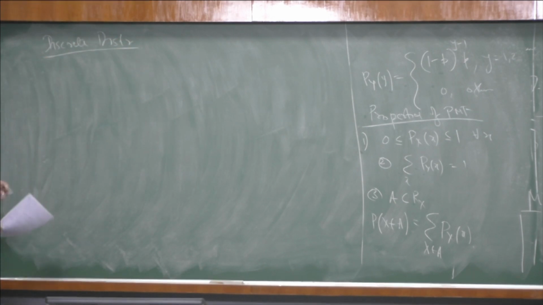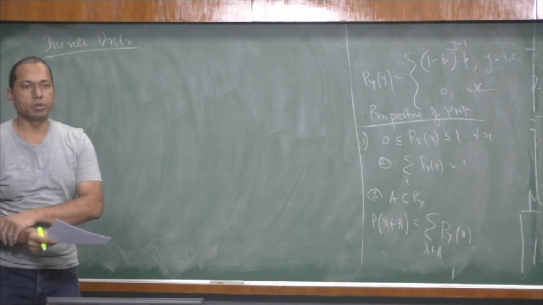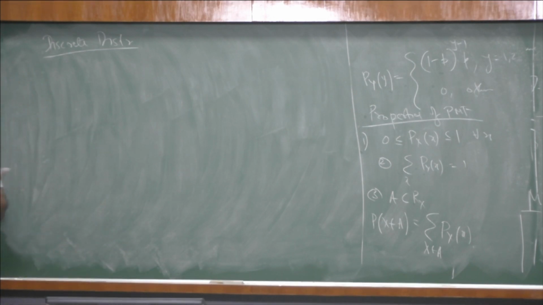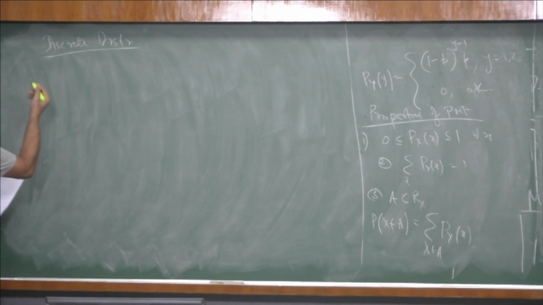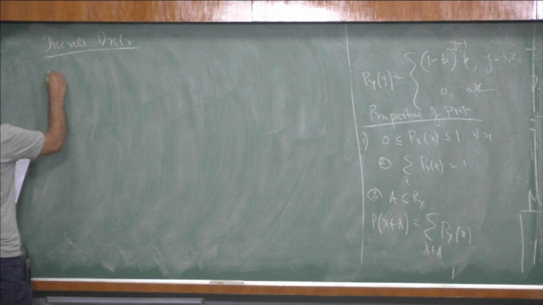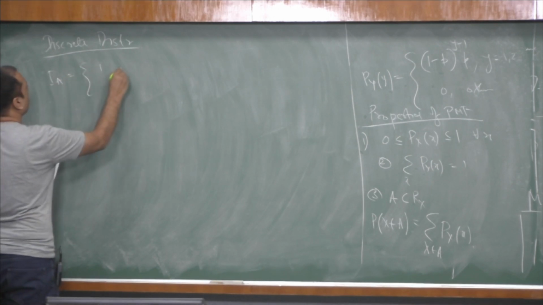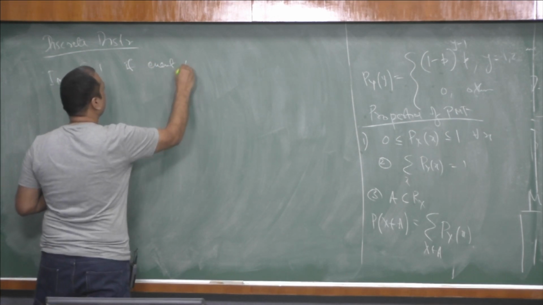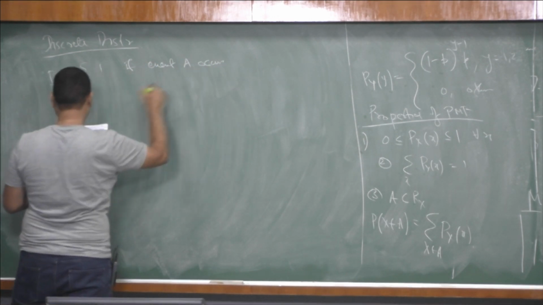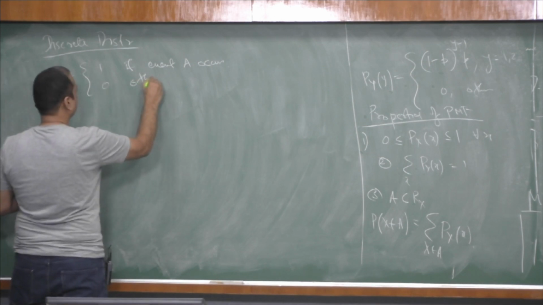If you look into discrete distributions, the simplest possible we may think of is that I do an experiment and I get some output, and for other cases I don't get any output, right? So the simplest I can think of is, let's say, I_A is 1 if event A occurs and it's 0 otherwise.